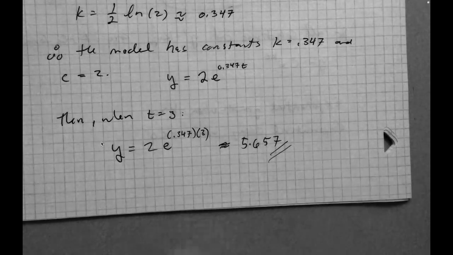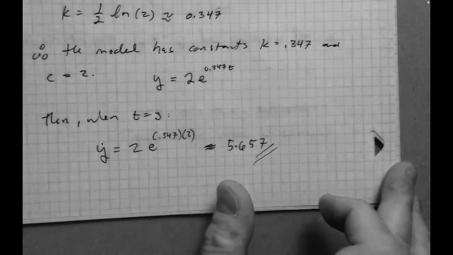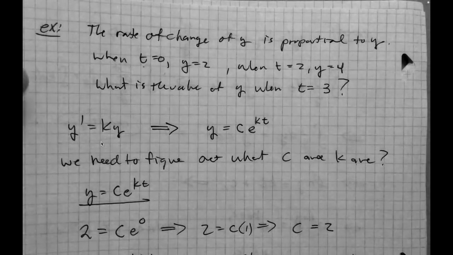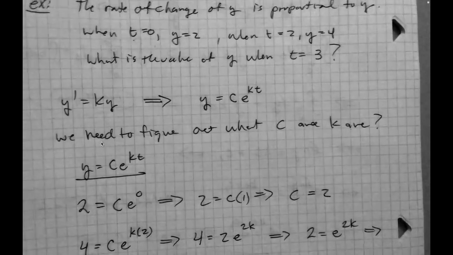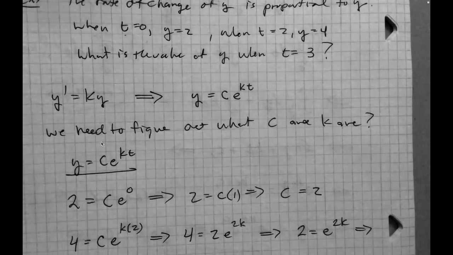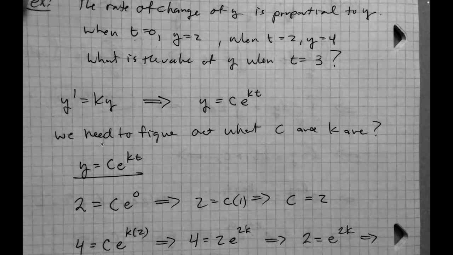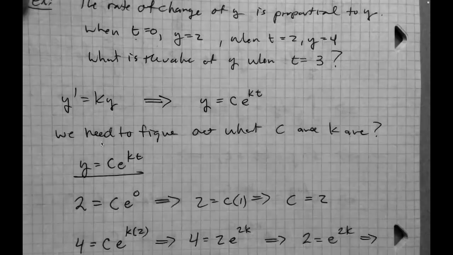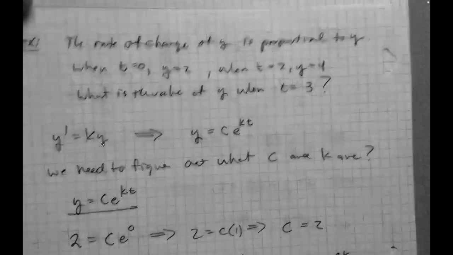Perfect. That's a nice initial example, because it shows you the role that these initial values play in differential equations. The main role of the initial values is to basically parameterize the model. We need to know what c is, we need to know what k is, therefore we have to have some initial values in order to derive those constants.